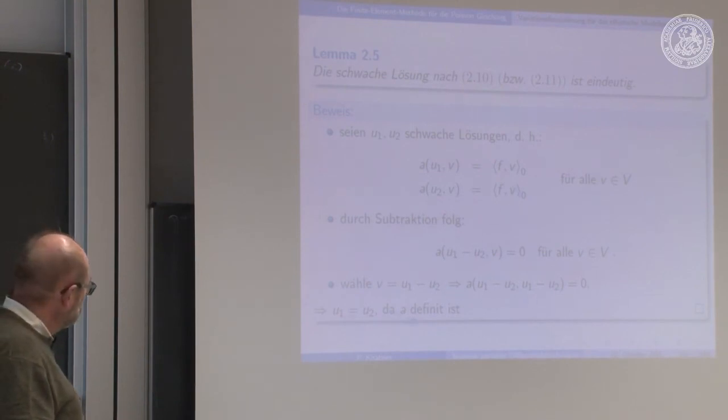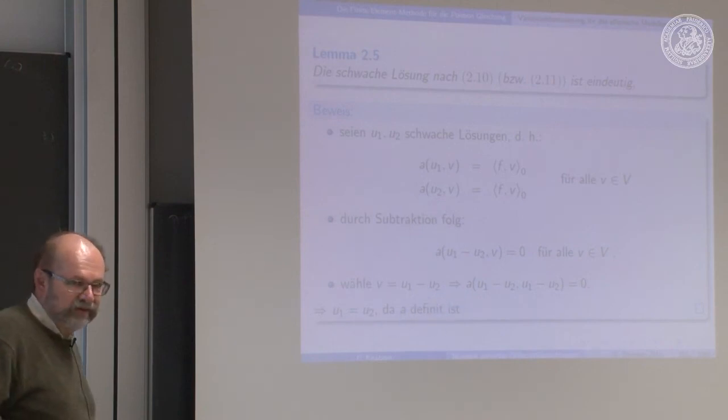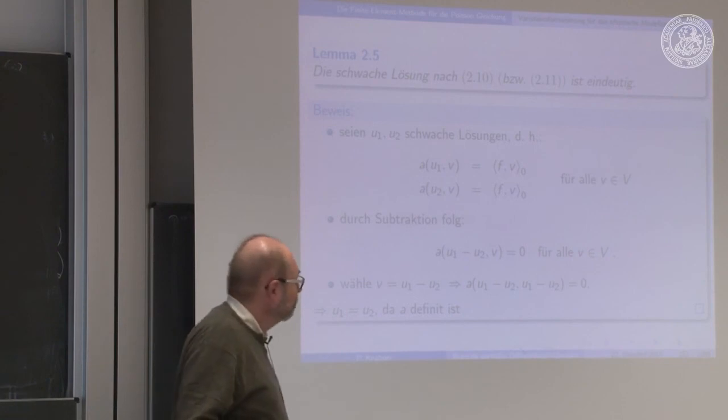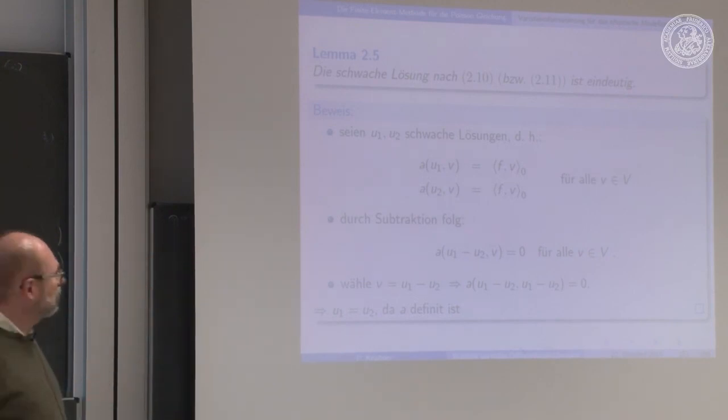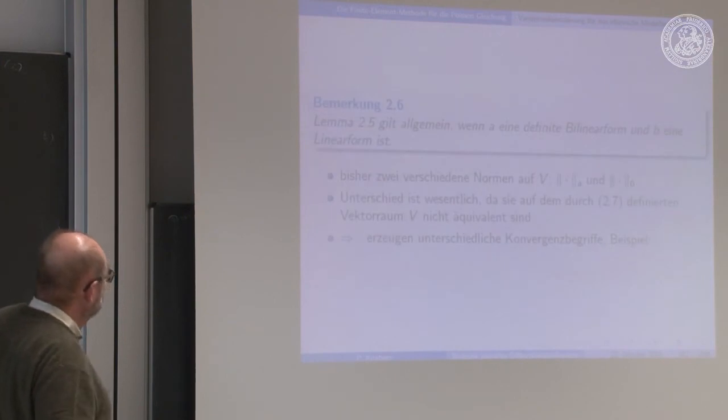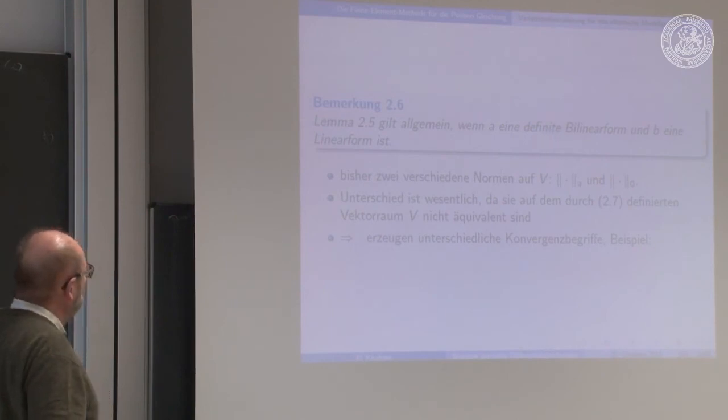So knowing that A is definite means U1 is equal to U2. And again, if we want to put this in a general framework, this is valid in general if A is a definite bilinear form and B is any linear form.